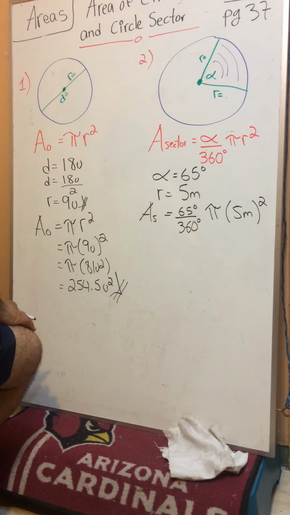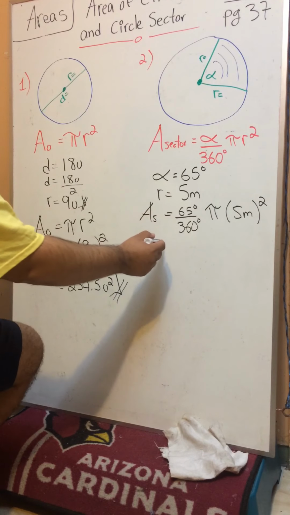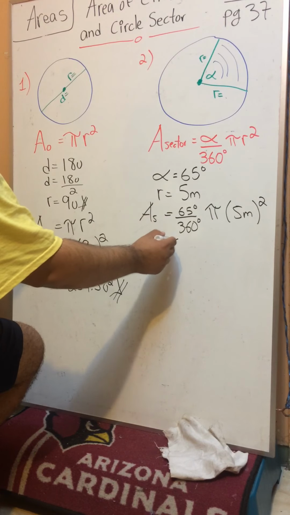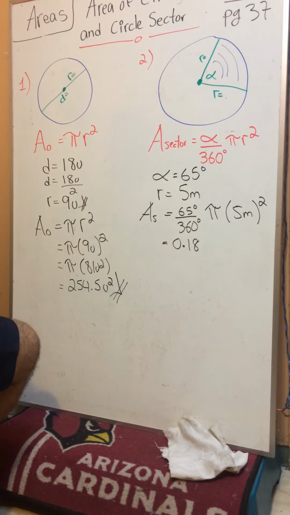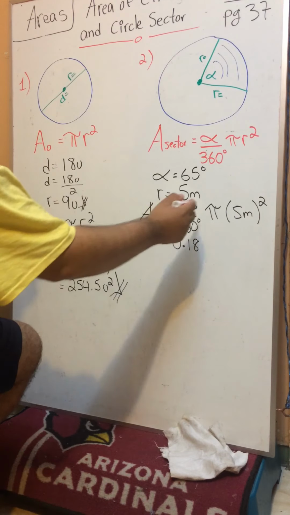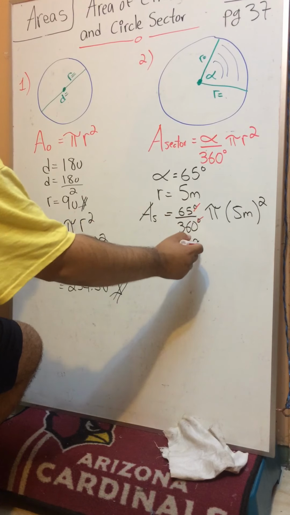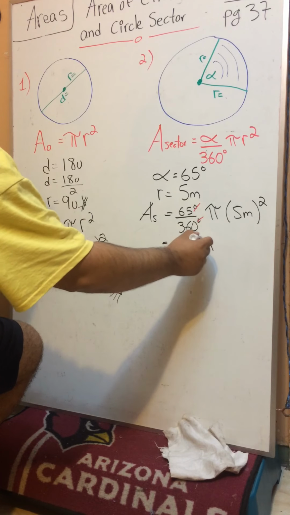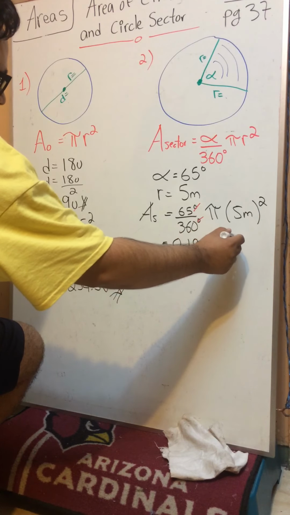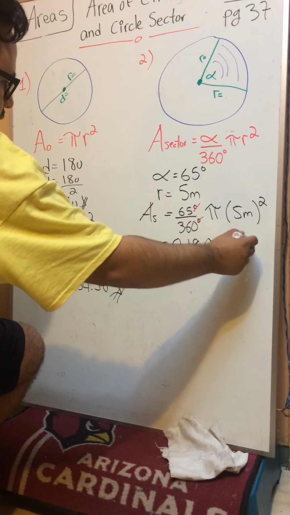So when we have 65 divided by 360, we're going to have 0.18. Do we have degrees? Not anymore, because this degree cancels with this one and we'll only have numbers. So then we have times pi times 25 meters squared.